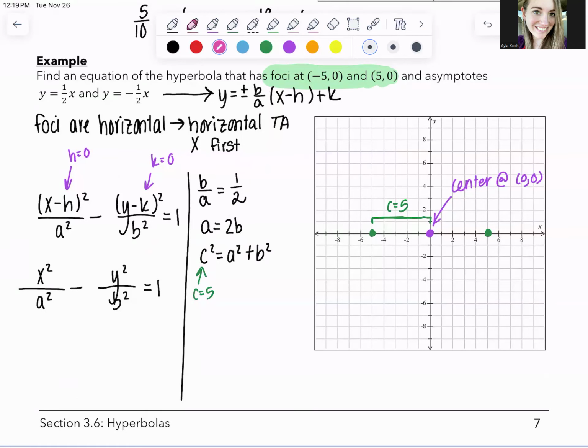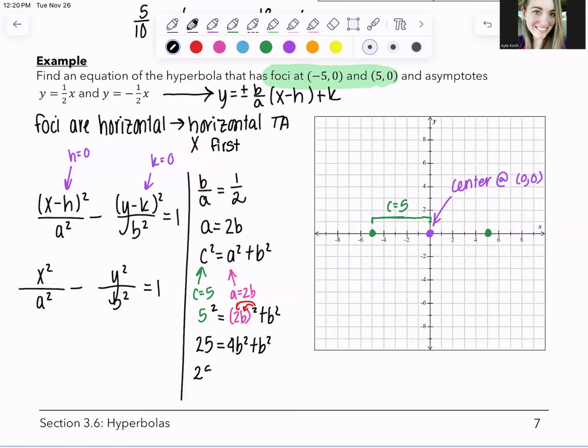We said, hey, a is equal to 2b. And if we plug those things in, you have 5 squared equals 2b squared plus b squared. You get 25 equals, make sure to square the 2 and square the b, 4b squared plus b squared.